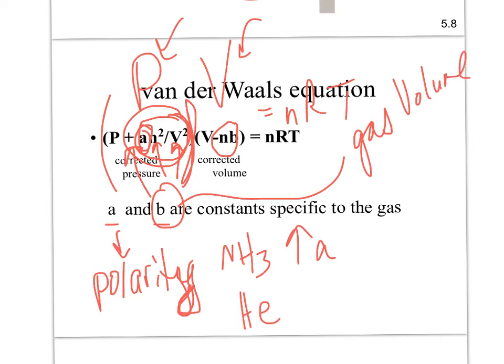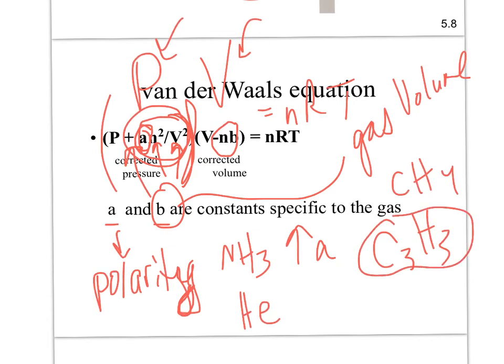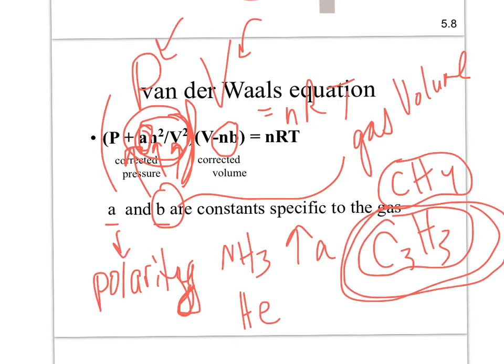Okay? So what if I'm comparing methane, CH4, which is a nonpolar gas, to something like C3H8 propane, which is another nonpolar gas? You can see how methane would be smaller than a propane molecule. So with the same number of moles in the container, if I have 1 mole of this and 1 mole of this, right?